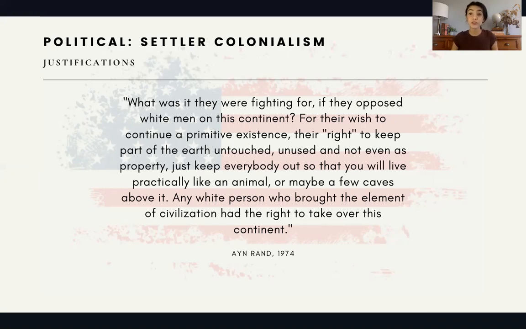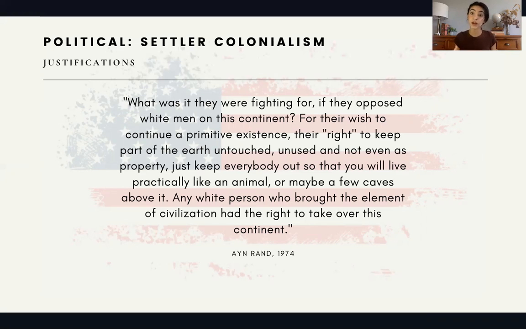So it's not so long ago that we're still hearing these kinds of justifications. And Ayn Rand is still a popular intellectual today, and her ideologies are still relevant. So it's important to remember that these ideas don't go away and they're internalized.